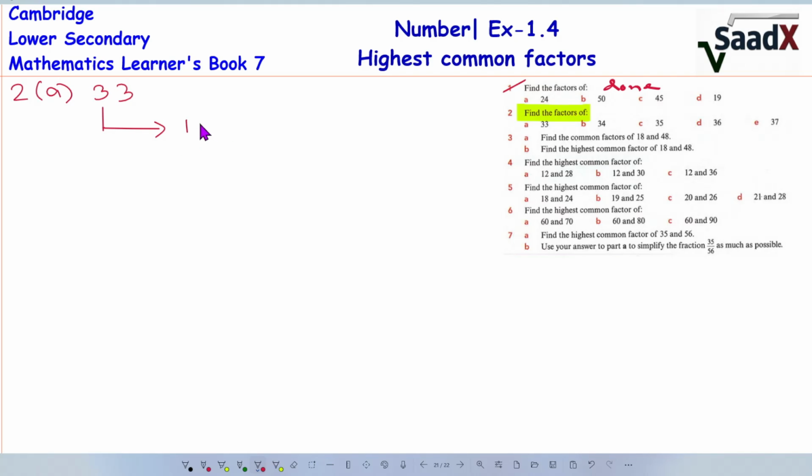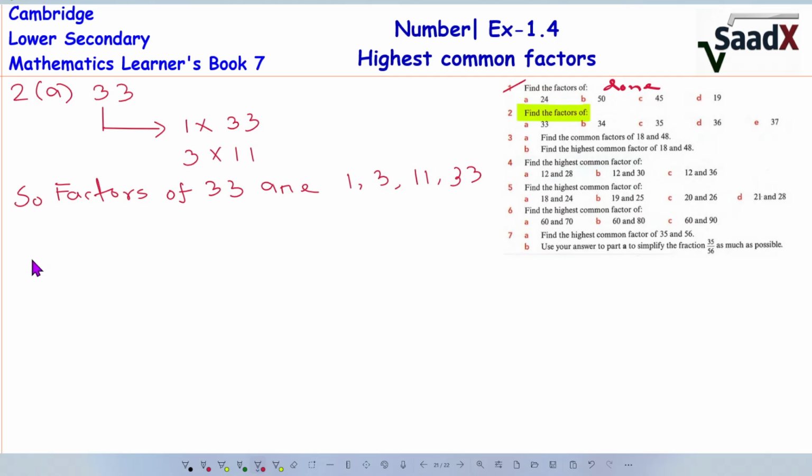We can write 1 times 33, then 3 times 11 is 33. So factors of 33 are 1, 3, 11 and 33.